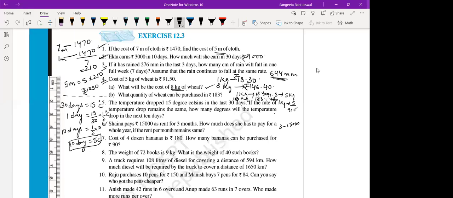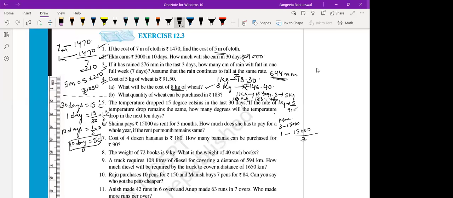You will find for 1 month, no? We are doing the unitary method. So everything you have to find for 1 unit. If it is months, you will find for 1 month. If it is days, you will find for 1 day. So 3 is in months. These are months, so you will find for 1 month. What is the rent for 1 month? Do 15,000 divided by 3.